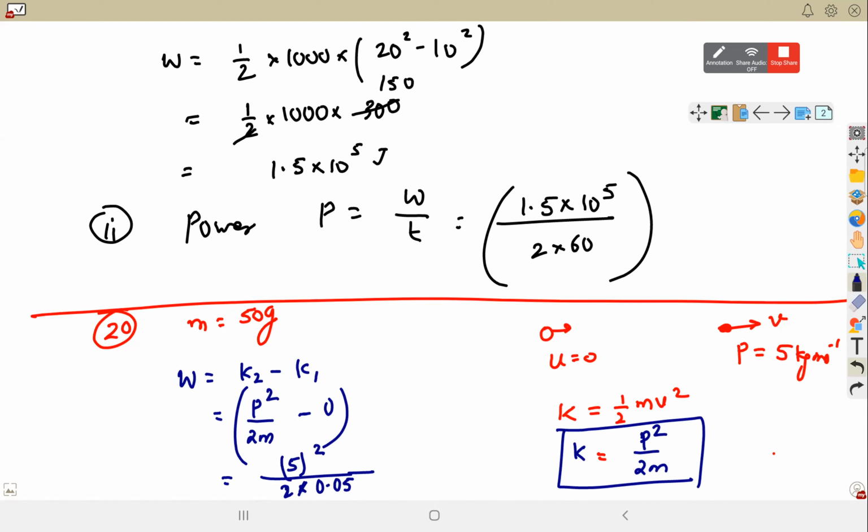Yes, Kabir understood this. Initially it is not moving, so it is at rest. Now it has acquired momentum, so that means it has acquired kinetic energy. That change in kinetic energy is equal to work done. Initial momentum is 0, final momentum is given. From final momentum we can calculate.